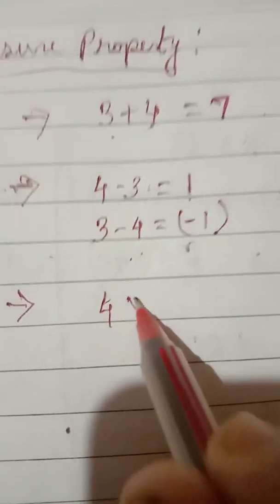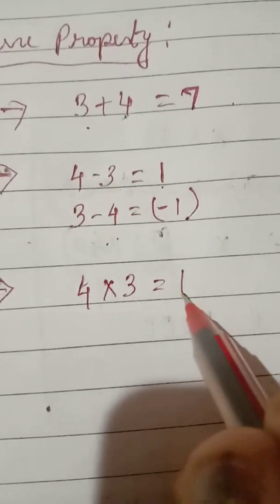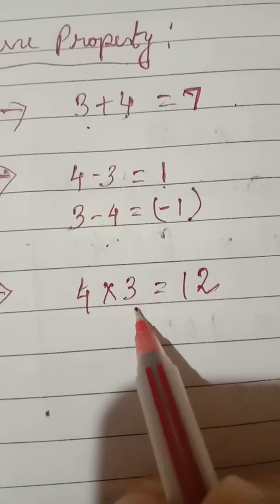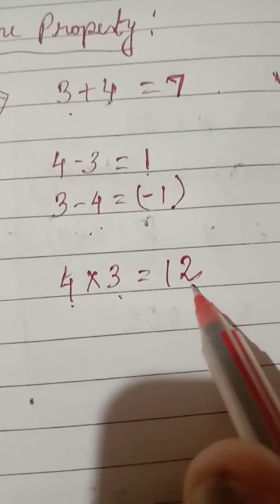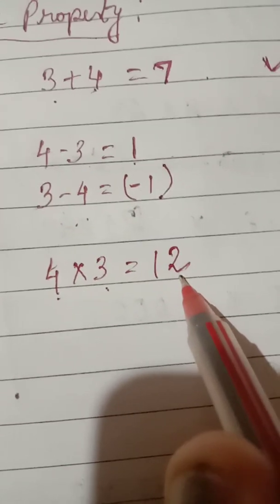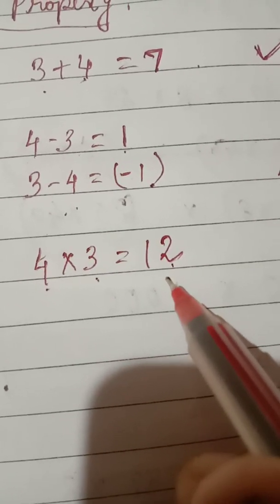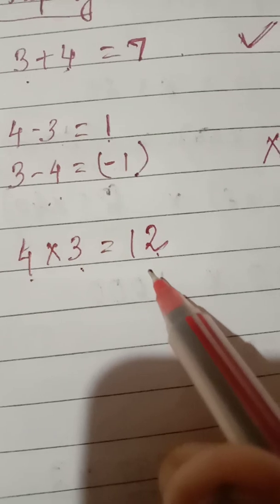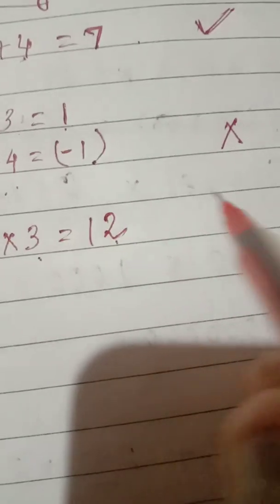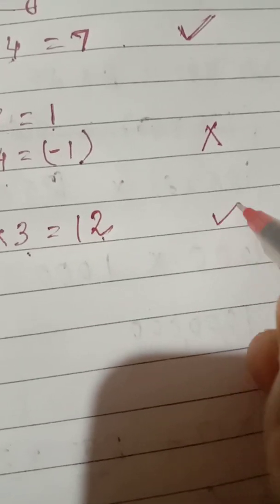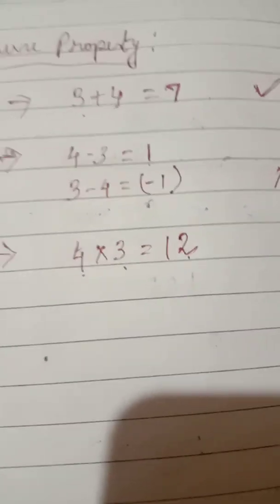In the same way, 4 multiply 3, I will get 12. So 4 and 3 are whole numbers, and the answer 12 is also a whole number. So if we multiply two whole numbers, the answer is always a whole number. So closure property is applicable in case of multiplication.